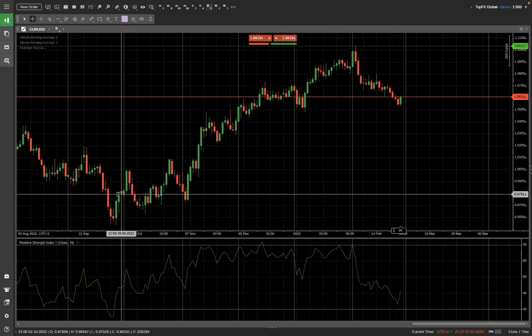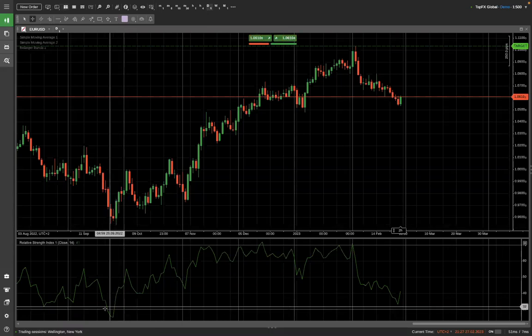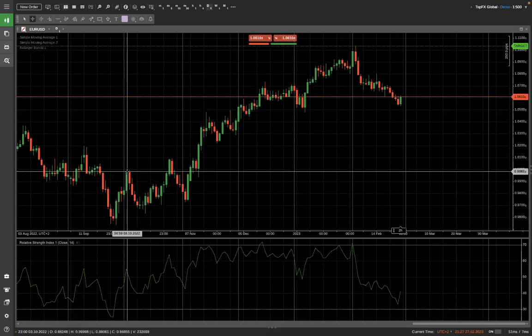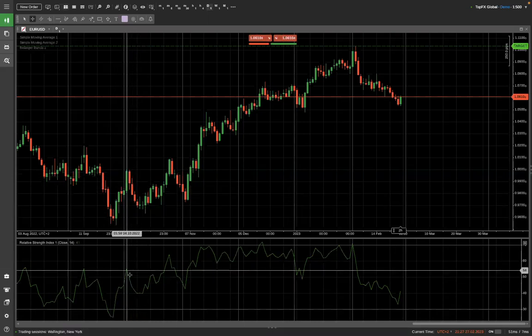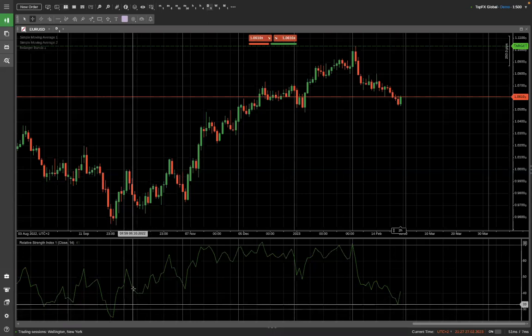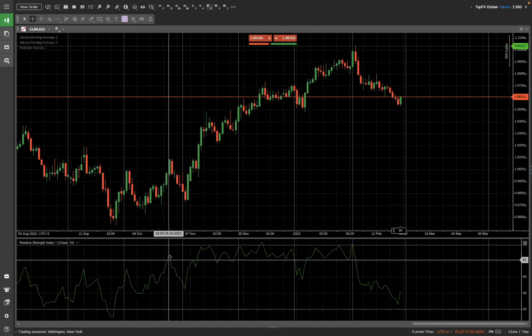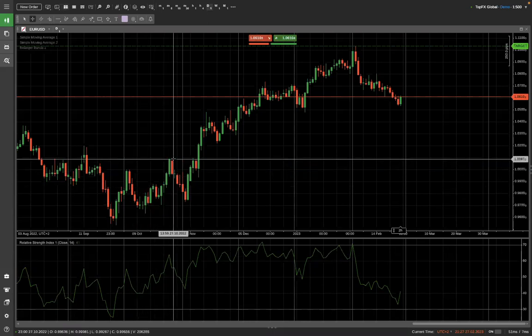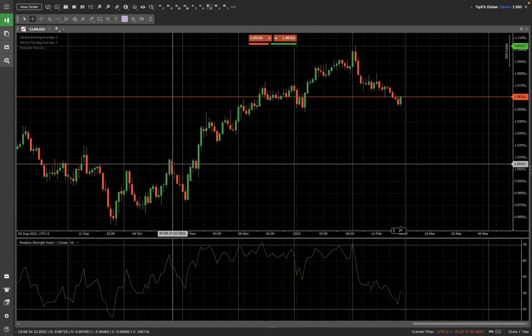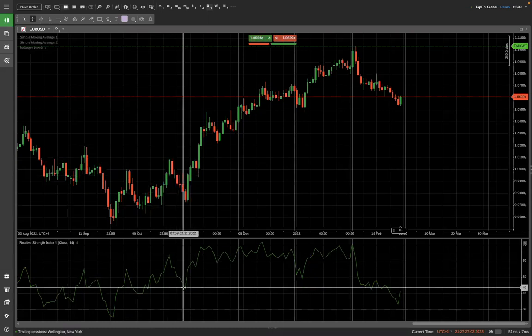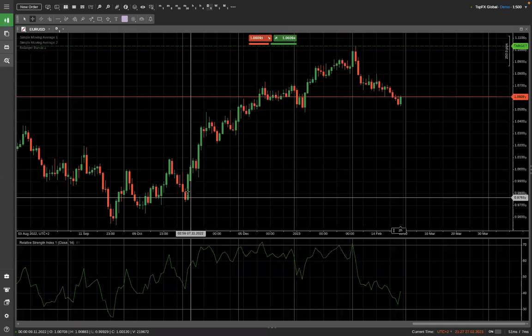So we got this reversal from the extremely oversold conditions, the momentum to the upside rises and the market rises as well. We got a pullback, but there is no new oversold condition, so it stopped somewhere here at the level of 40, and another shot to the upside. Correction again, another movement to the downside, and a sharp movement to the upside.